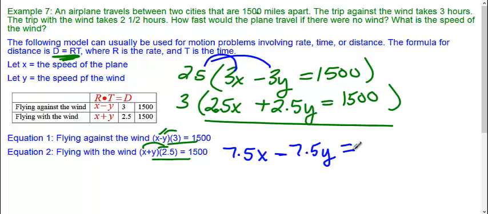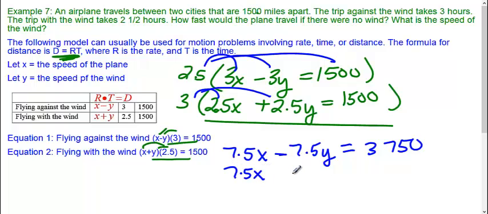And 2.5 times 1,500, I get 3,750. Now on the bottom, I'm going to multiply everything by 3. 3 times 2.5, I get 7.5x. 3 times 2.5y, I get 7.5y. And 3 times 1,500, I get 4,500.